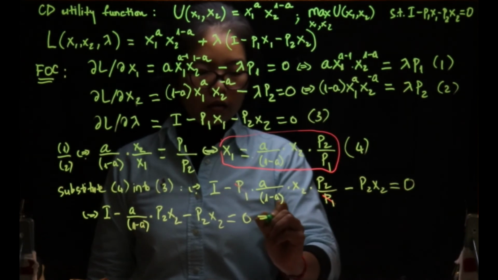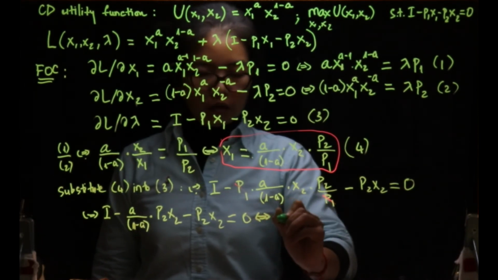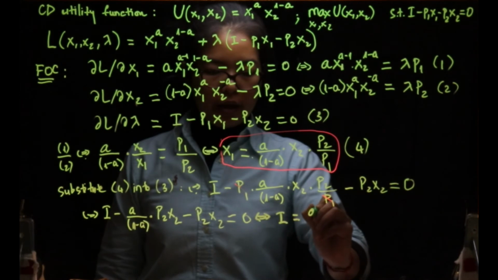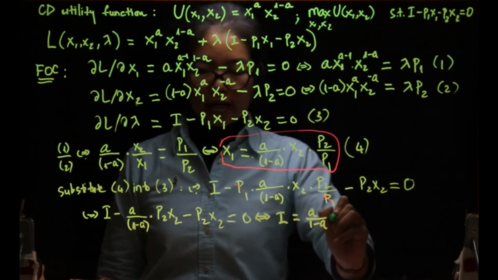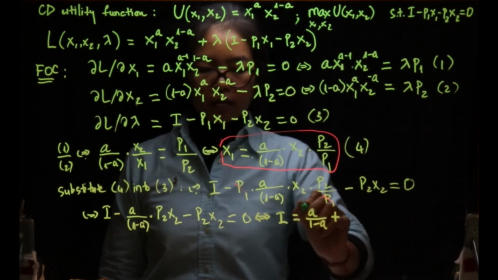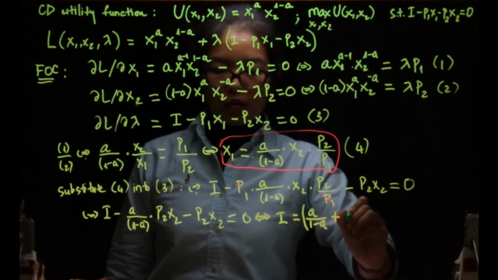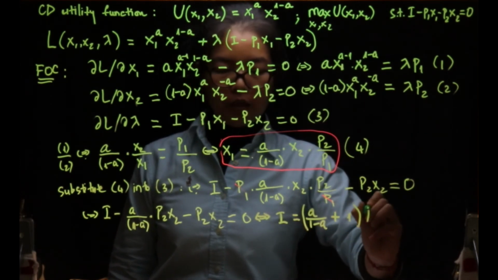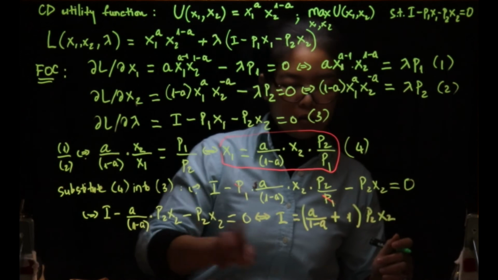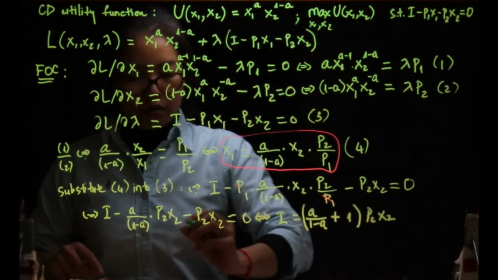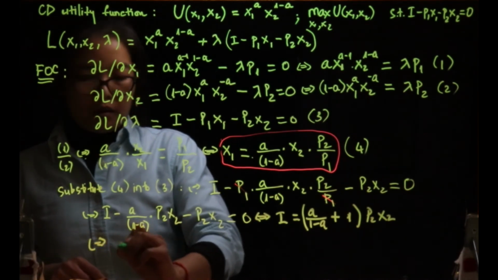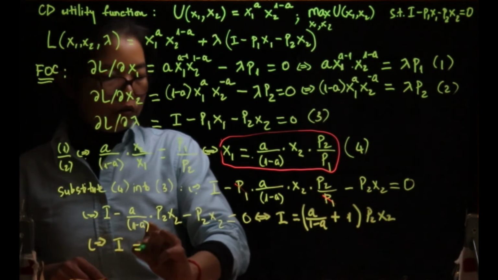So here we would have I equals a over 1 minus a plus 1, times p2x2, because you factor p2x2 out since they're the same.